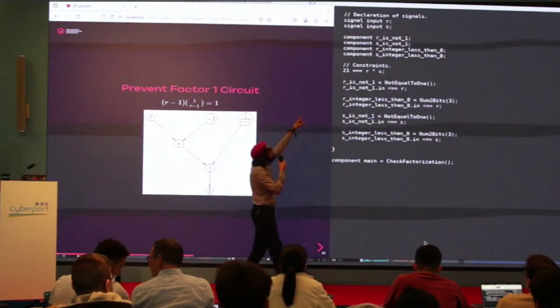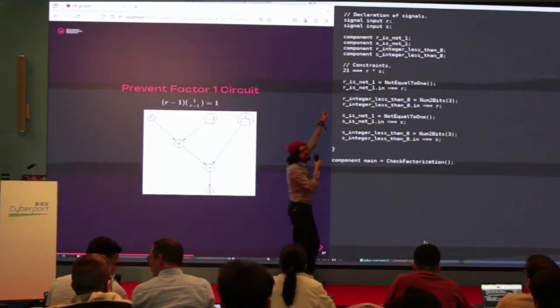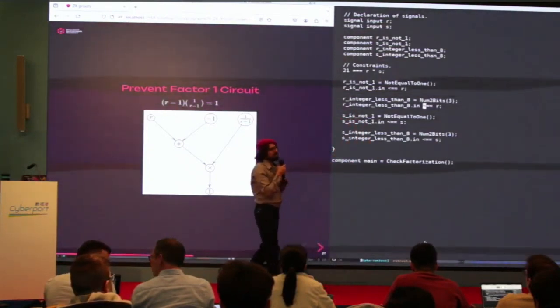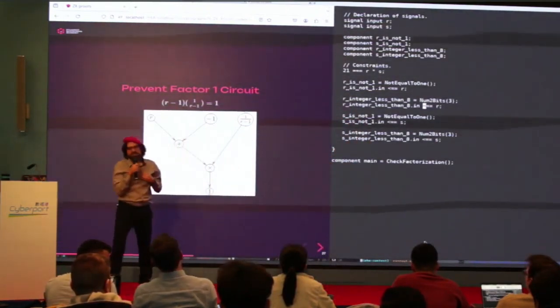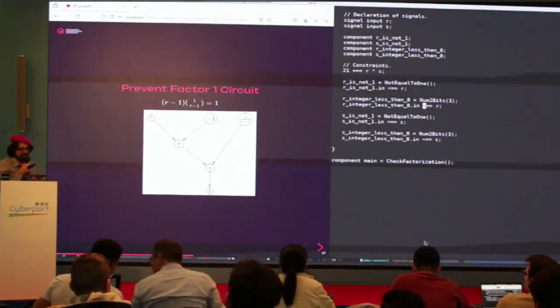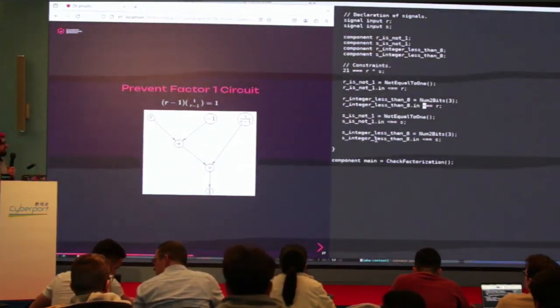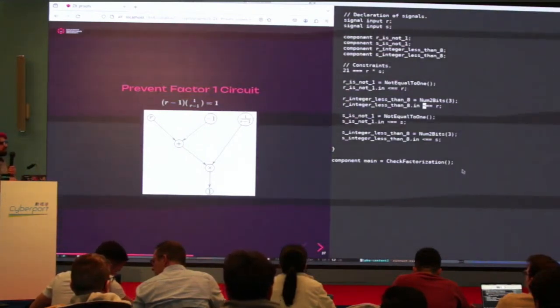And then that criteria, which is the easiest one, you see, I put a criteria that says R times S should be equal to 20. So then I have the circuit. It doesn't mention anything about R or S, but it puts some criteria on them. And that's how you write the circuit in Circom.